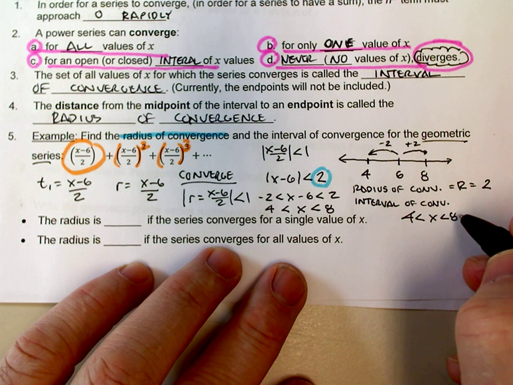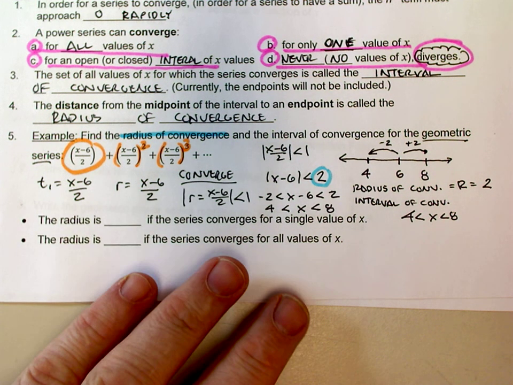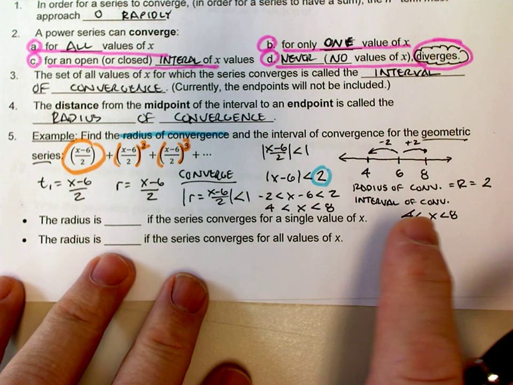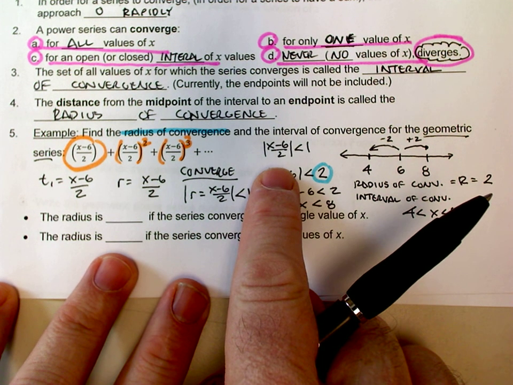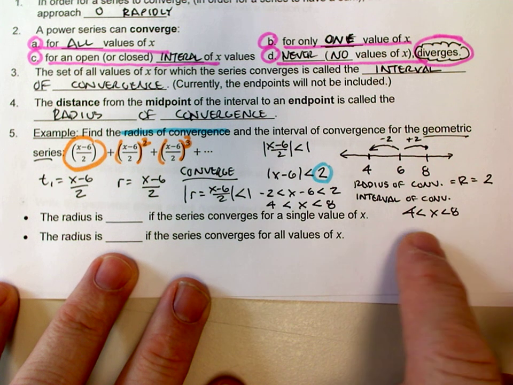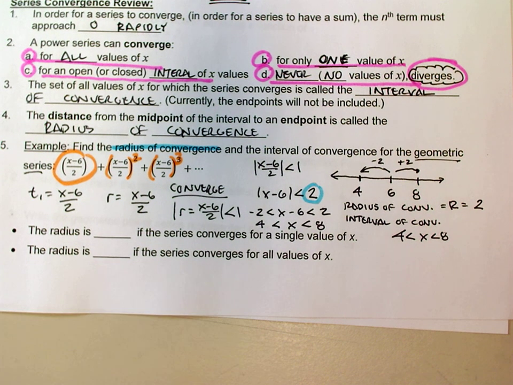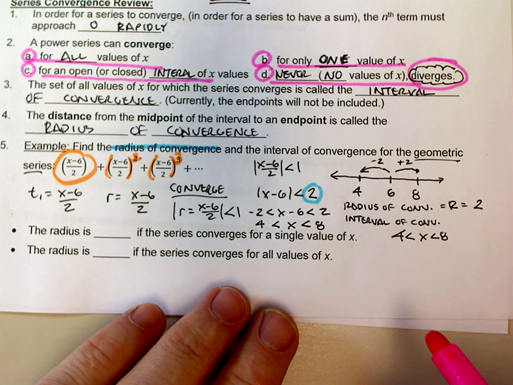Okay? Interval of convergence. Remember, in the previous lesson, we talked about this interval of convergence also being the domain, so that can be used interchangeably. The domain of this, in order for this to converge, would have to have x values between 4 and 8. Okay? So you can also kind of see why these terms are used.